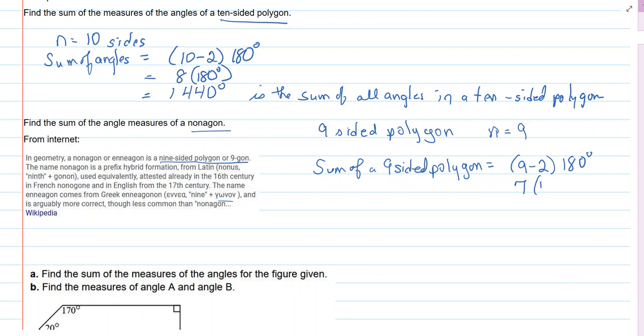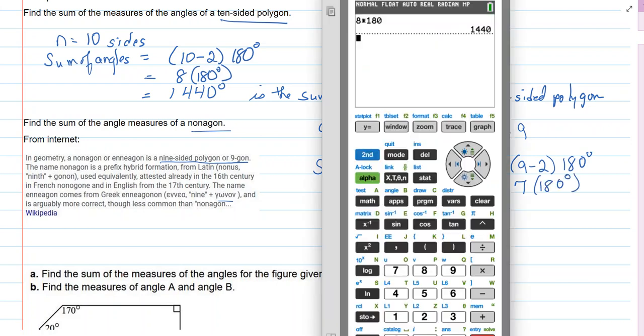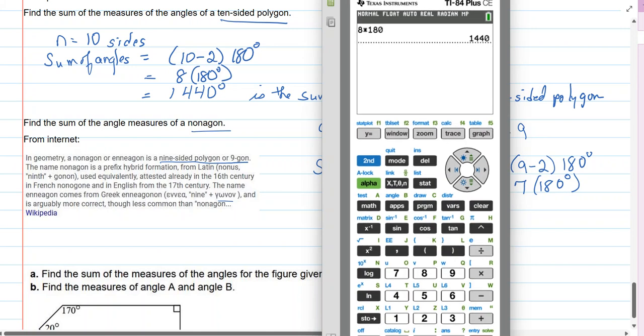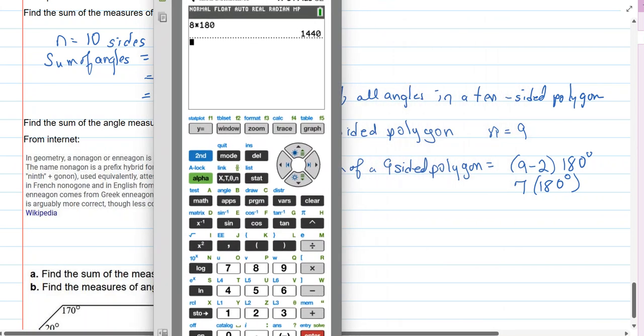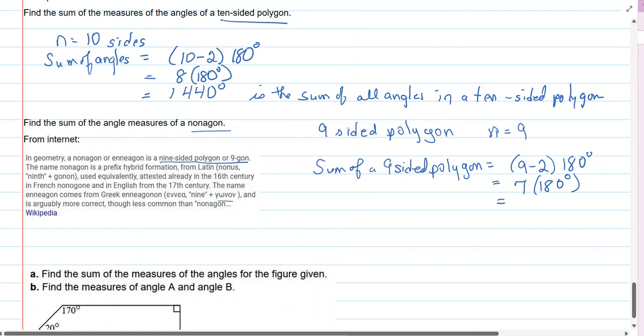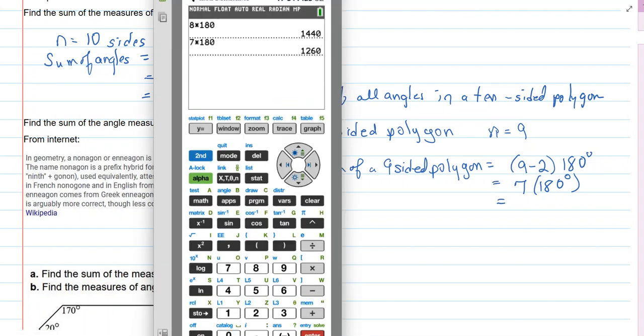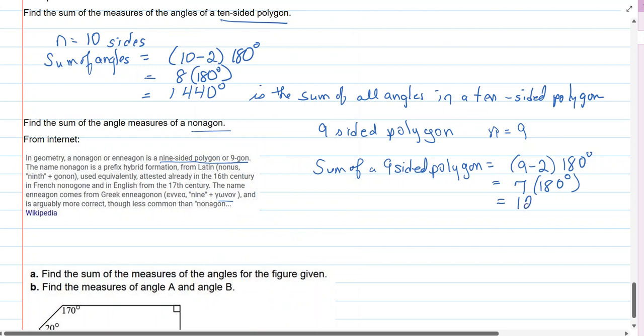That's 7 times the 180 degrees. And then we're going to use our calculator. So here we go. 7 times the 180, and I get 1,260.